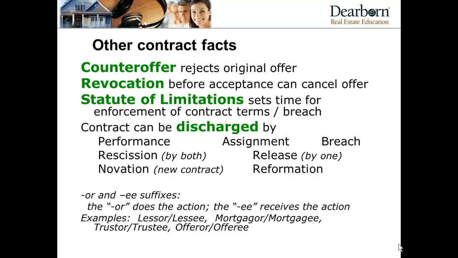You need to look if there are counter offers noted and make sure that those are signed by both sides as well.